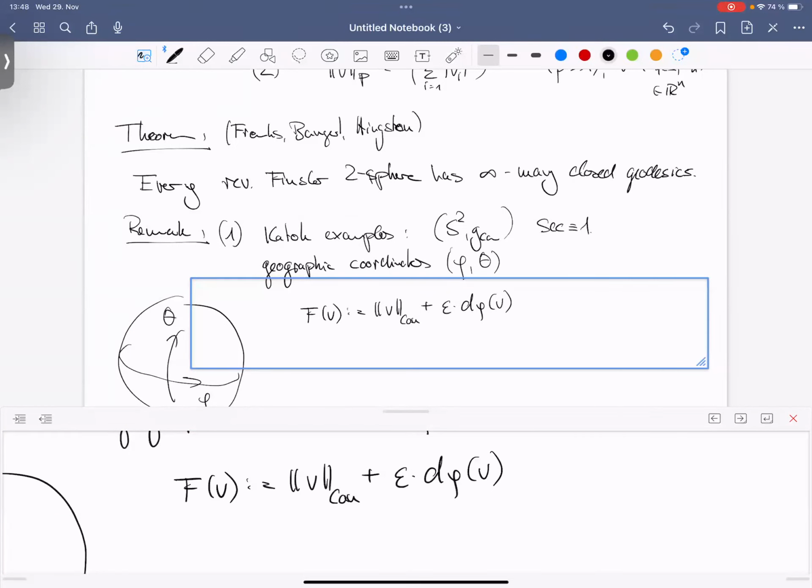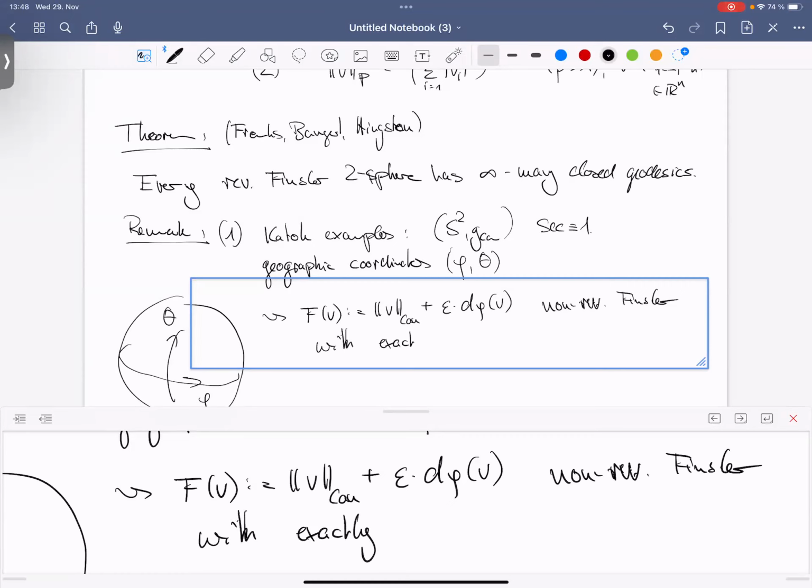And this Finsler metric, like I said before, is non-reversible, with exactly two closed geodesics, simple or not, doesn't matter.